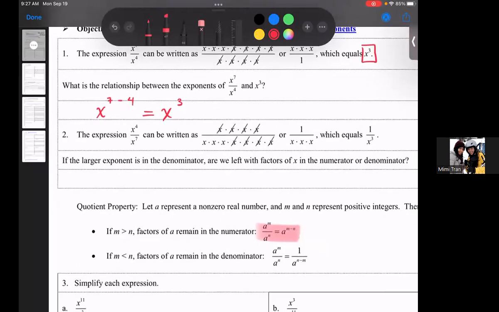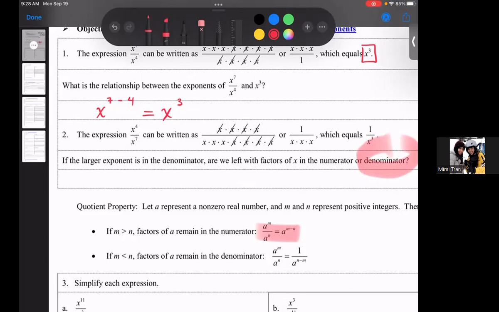If the larger exponent is in the denominator, are we left with the factor of x in the numerator or denominator? Yeah, denominator, right? So what they did was take 7 minus 4, but because 7 is bigger than 4 and it stays in the bottom, they keep the x cubed in the bottom.